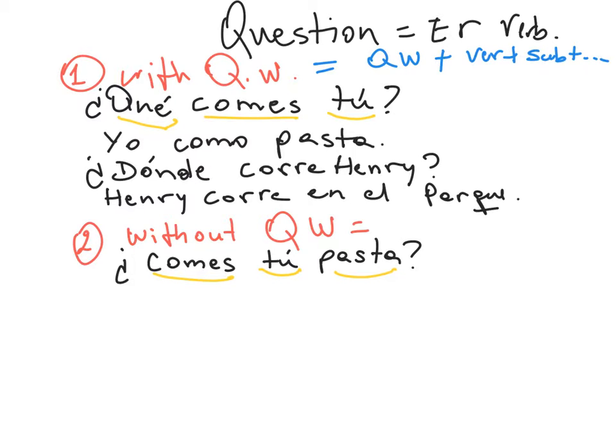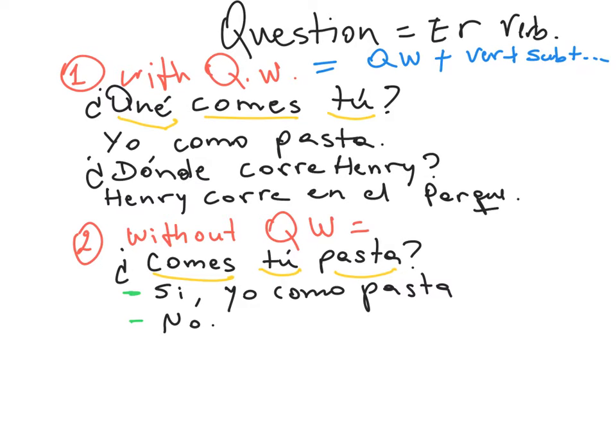Here the answer could be two types of answer. The first one could be the yes one. I say, sí, yo como pasta. The second type of answer that I can give here is the no one.